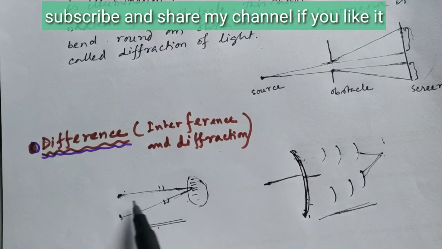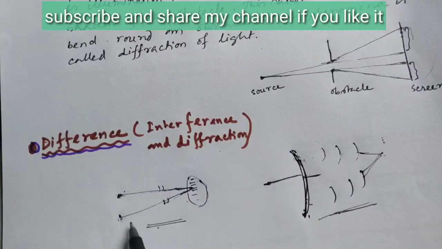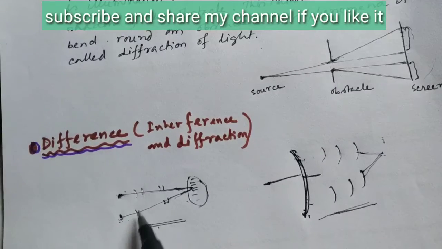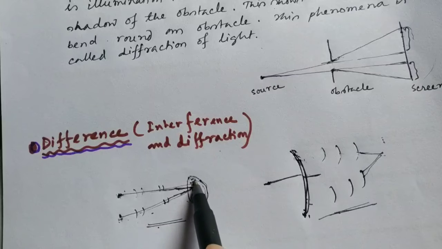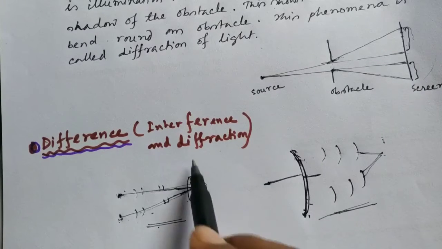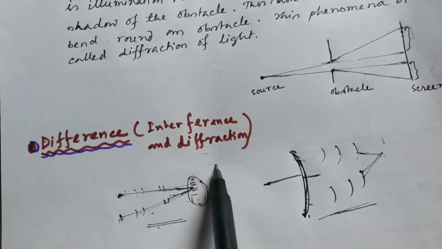And interference is when wavefronts coming from two coherent sources are superposed, and then they produce the interference phenomenon. So this is the difference between interference and diffraction.